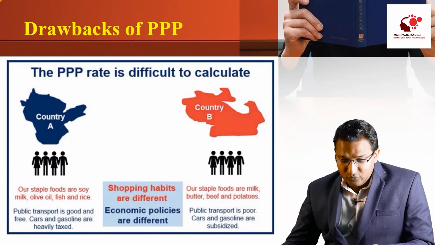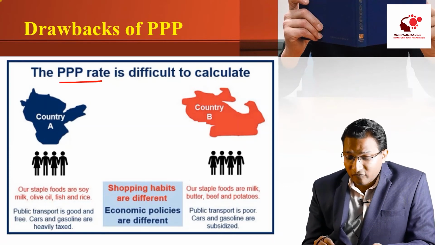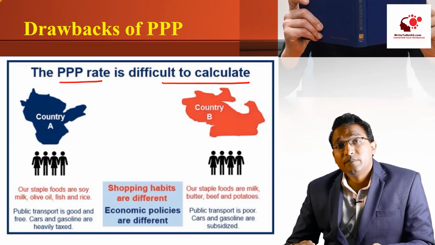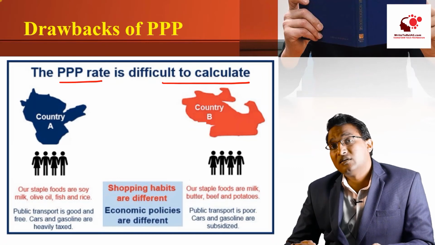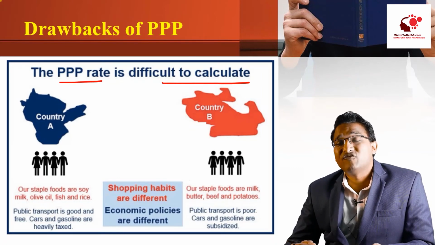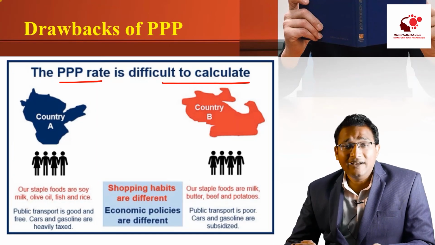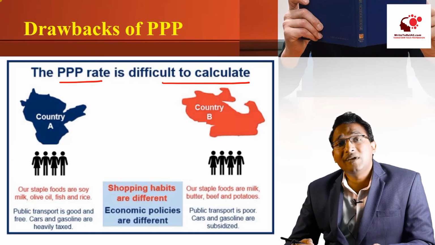Here is one more diagram you can see on why the PPP rate is difficult to calculate. We always say that PPP reflects a much truer picture, but still why is PPP not frequently used? It is difficult to calculate the PPP exchange rate. We don't have appropriate data, and certain things make it difficult.